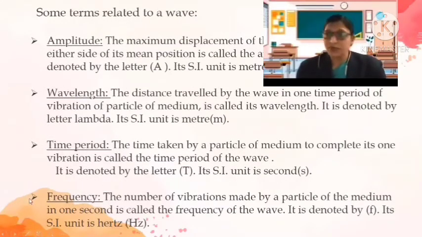The next important definition is the frequency of a sound wave. The frequency of a sound wave is nothing but the number of vibrations made by a particle of the medium in 1 second. And this is denoted by the small letter f. Its SI unit is hertz.